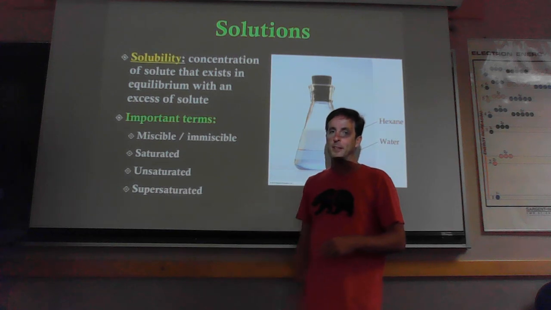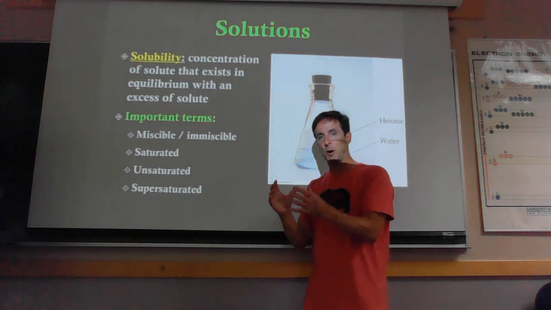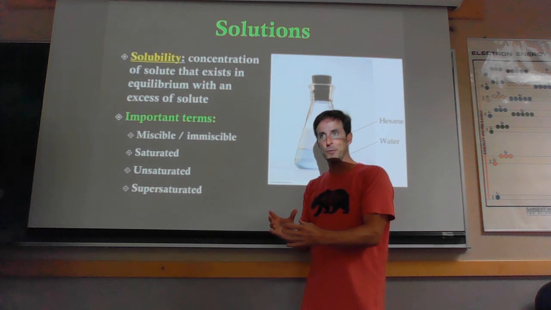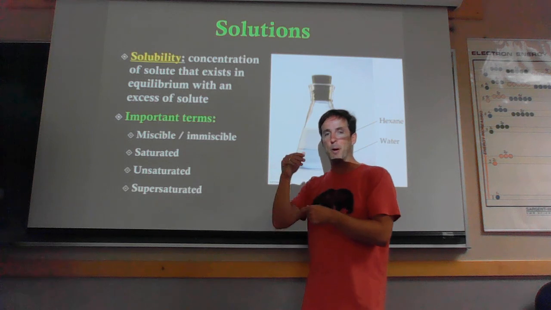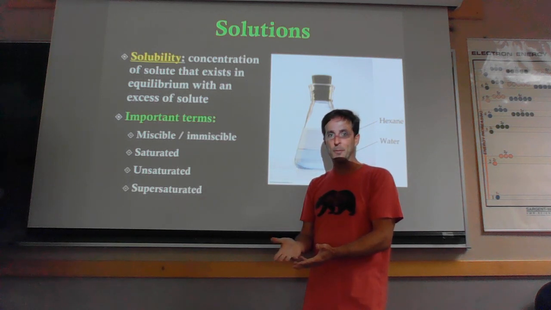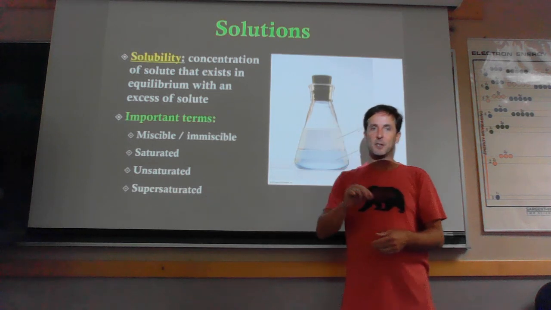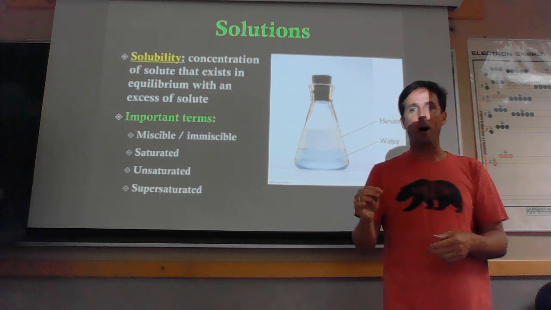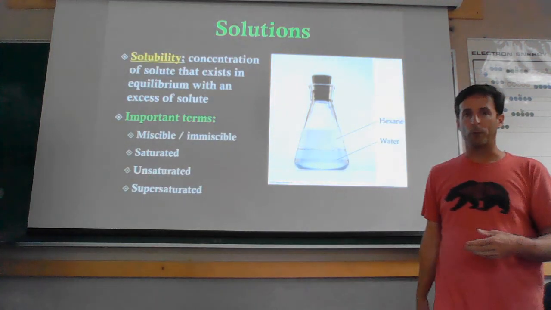If I dump a bucket of salt into a small amount of water, only a certain amount can dissolve, and anything I add above the solubility limit is just going to settle to the bottom. I don't form supersaturated solutions except under very specific conditions, and usually that has to be described to you before you would assume that you're forming one of those.